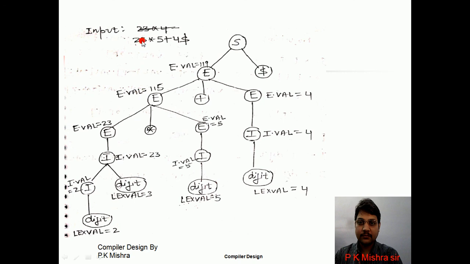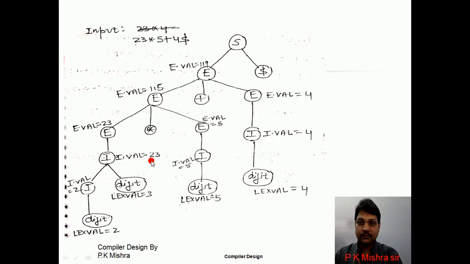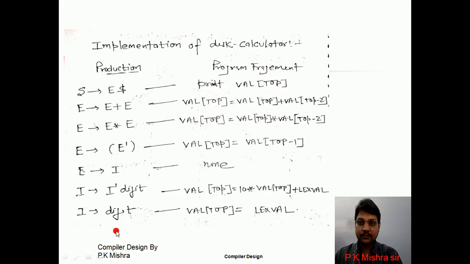Similarly, E into E. And what is this E? E gives I, it is given in the grammar. And what does I give? I gives digit.